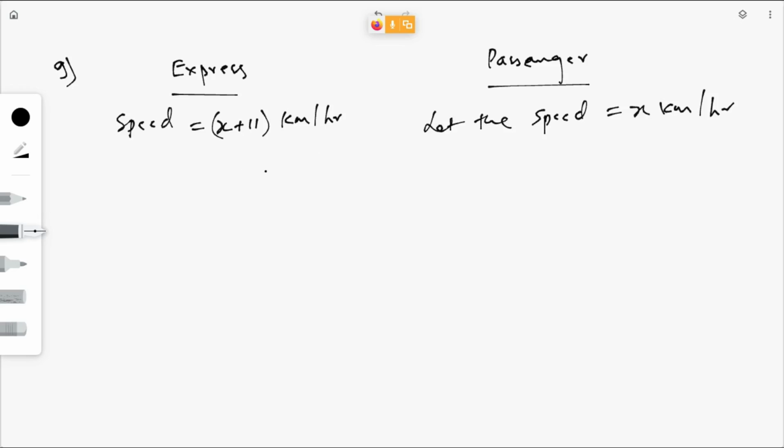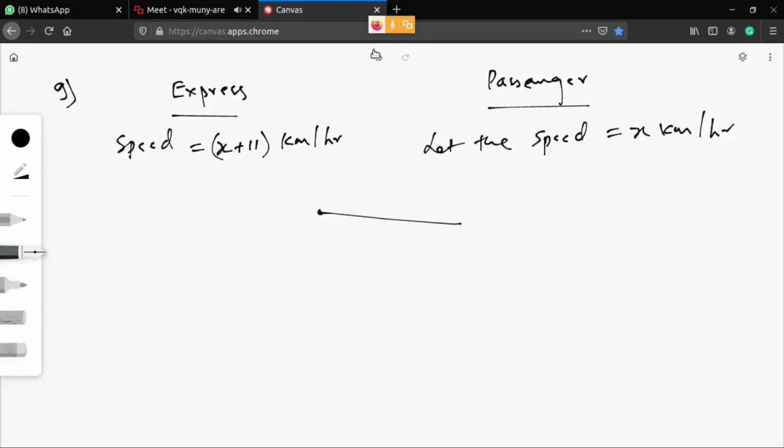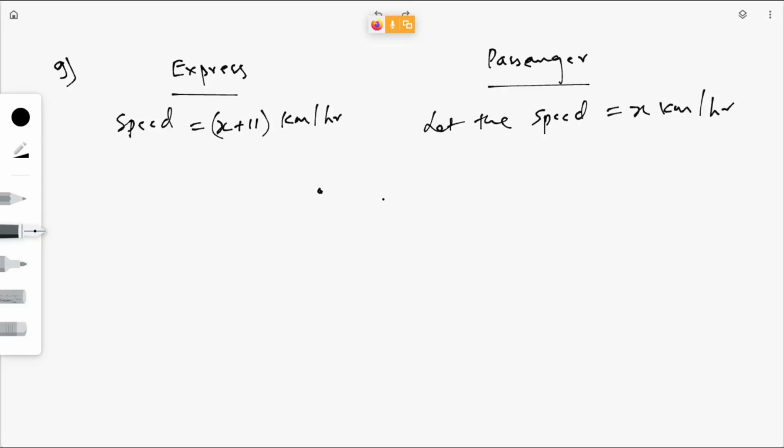Fine. What is the distance between? So both the trains are traveling from Mysore to Bangalore. Okay, so here this is Mysore to Bangalore. The distance is same, 132 kilometers. So distance traveled by both the trains will be same, that is 132 kilometers.